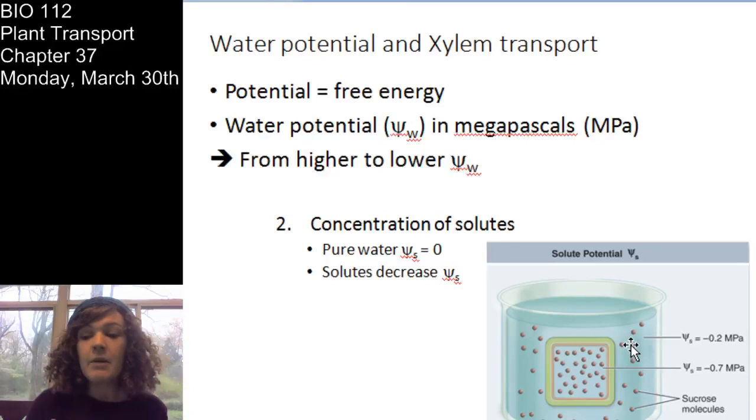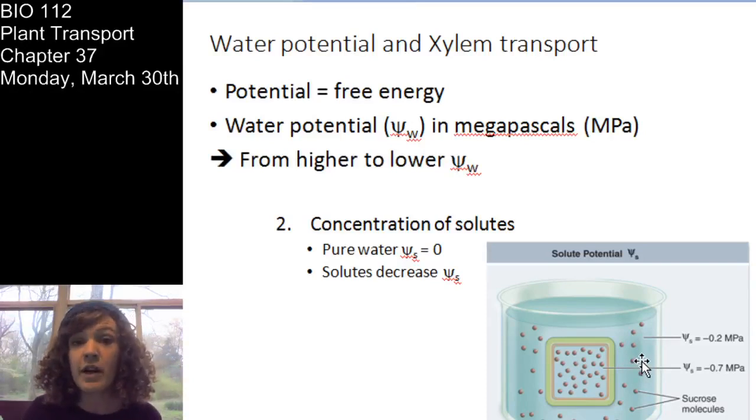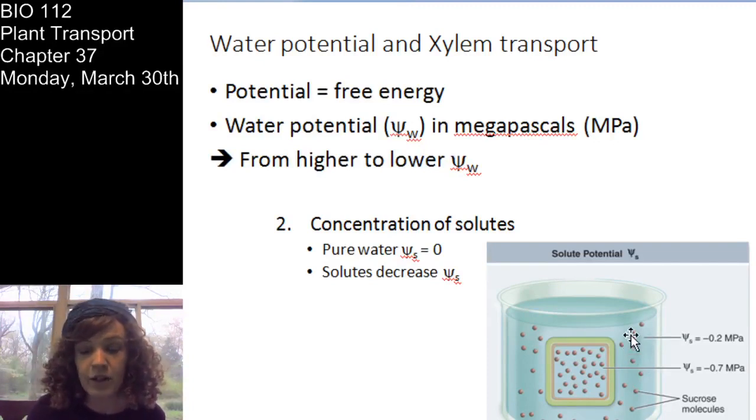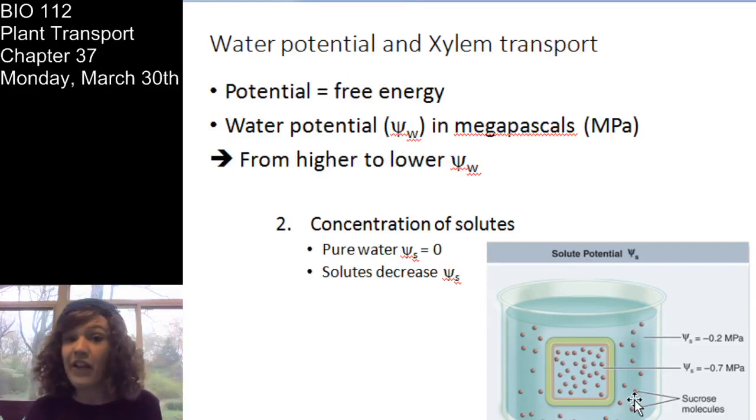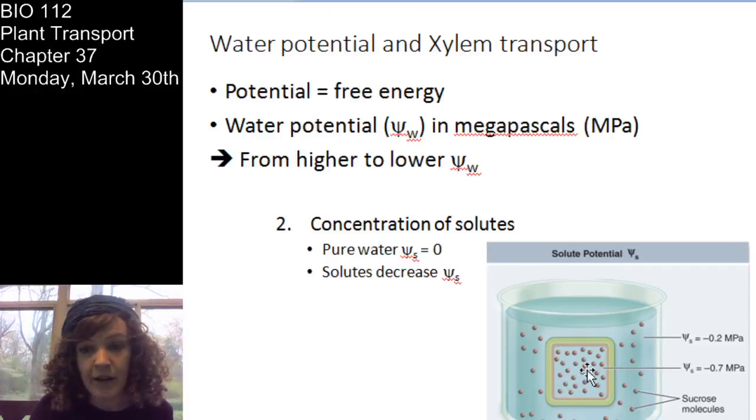Water will move into the cell to areas of more negative solute potential because there are more solutes here, so it will move down that gradient, right? So just know that water always moves to areas of more negative potential. Okay, so higher capacity of water to do work out here because it's less negative, it is higher, and lower capacity of water to do work in here. So water moves into the cell.